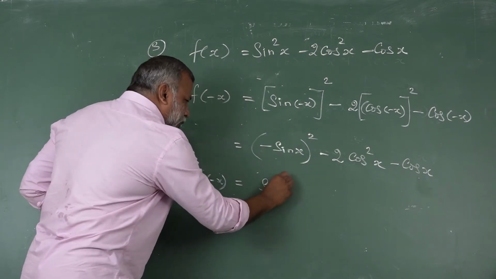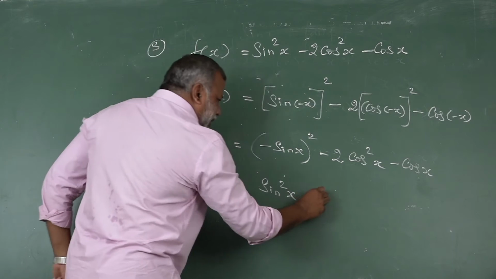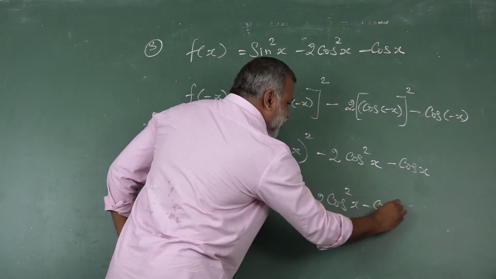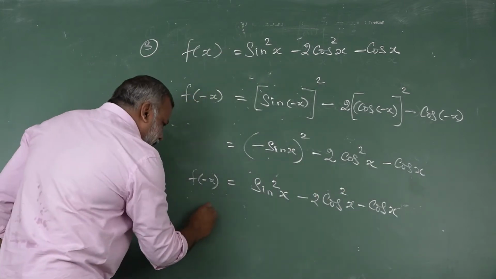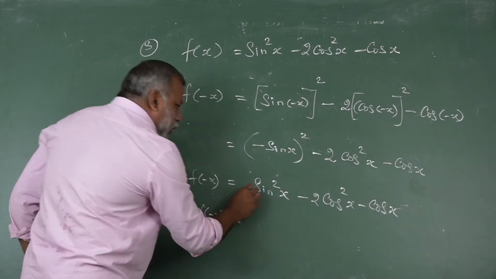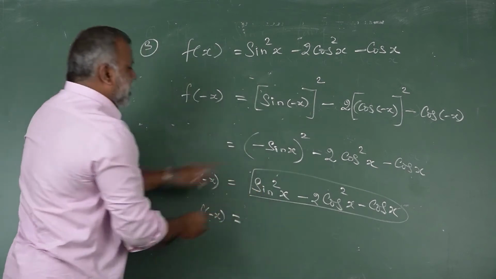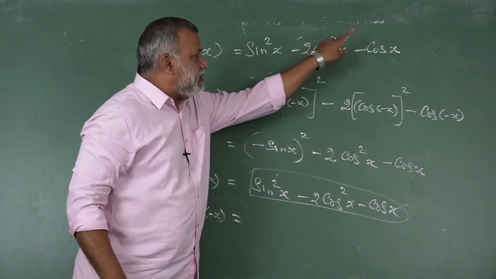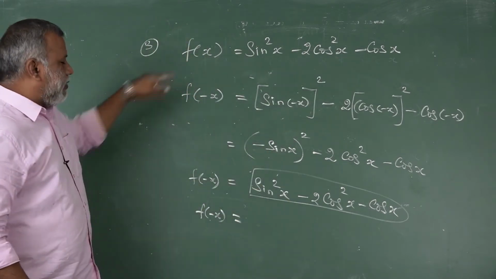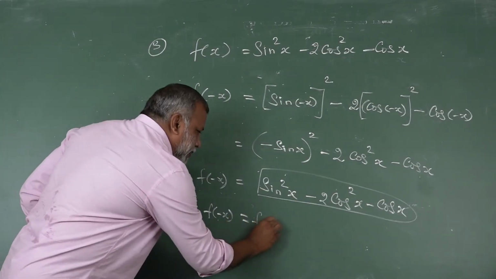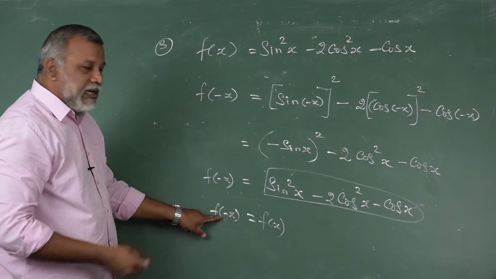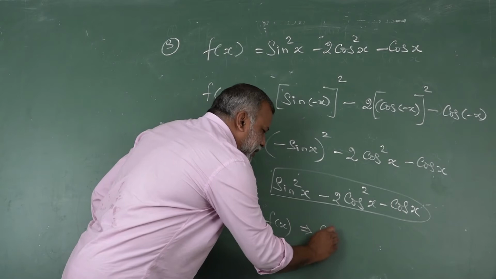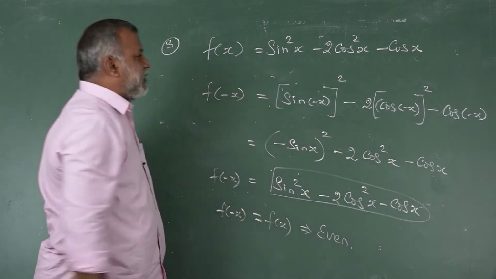We can write once again sin squared x minus 2 cos squared x, again minus cos x. Now listen, f of minus x is once again equal to the given question, sin squared x minus 2 cos squared x minus cos x. This is equal to f of x. By the procedure, it absorbs the negative, therefore it is called an even function.